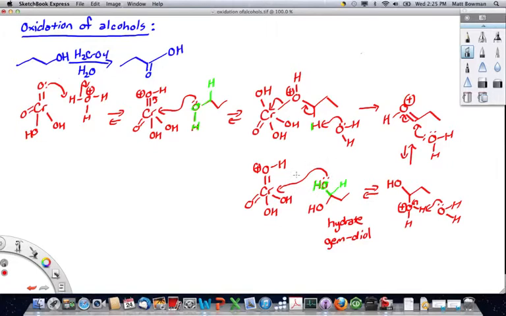So the electrons go to the chromium, and the double bond electrons go up to this oxygen here, like so. And you also have another OH.